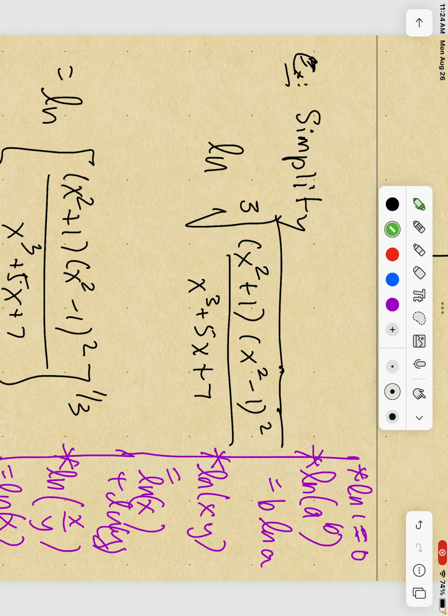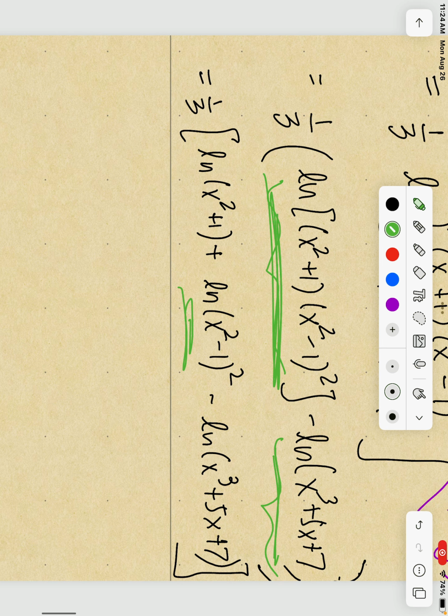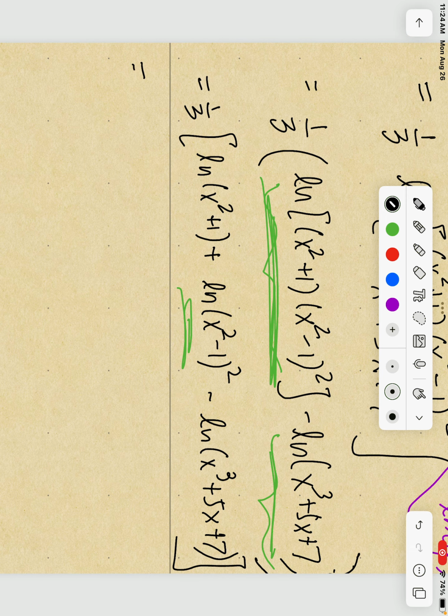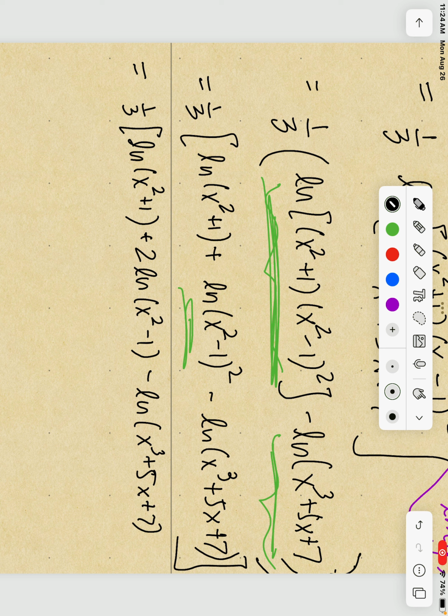Well, I guess the second one, if I included ln of 1 equals 0. Let's just call ln of 1 equals 0 property 0. Then the second one is property 1. Now I apply property 1 again, and I get 1/3 ln of x squared plus 1 plus 2 times ln of x squared minus 1 minus ln of x cubed plus 5x plus 7.